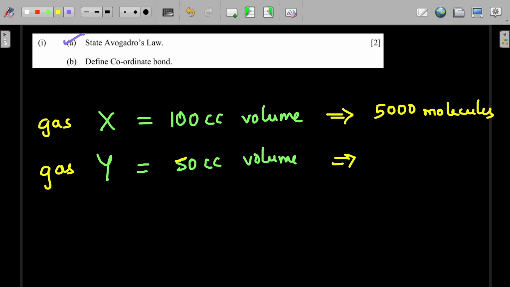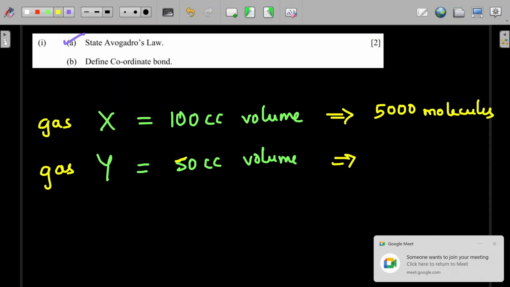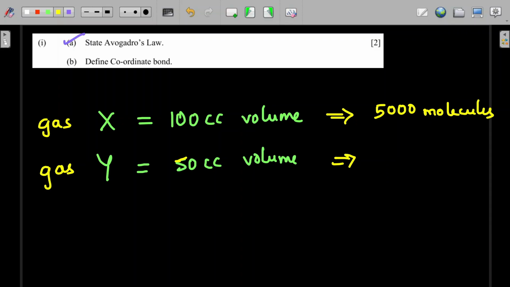Dhruva, tell me. So 5,000 molecules in 50 cc? Oh wait, my bad. So 2,500. 2,500 molecules. Why? Why 2,500 molecules? Because it's half.